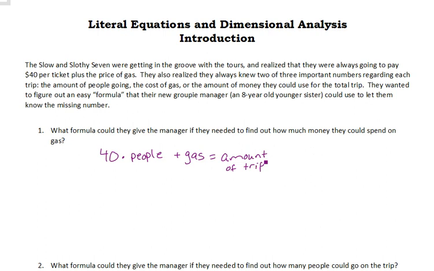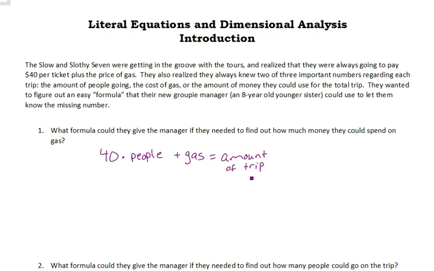Our 8-year-old manager doesn't quite know how to solve equations, so we're going to figure out an easy way where all she has to do is plug some numbers into a calculator and she gets the answer. So again, we want to figure out how much they can spend on gas. So we want to get this gas part by itself.